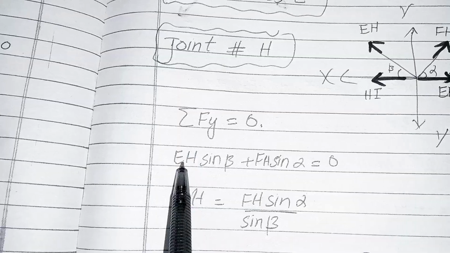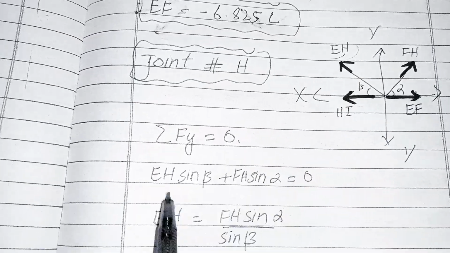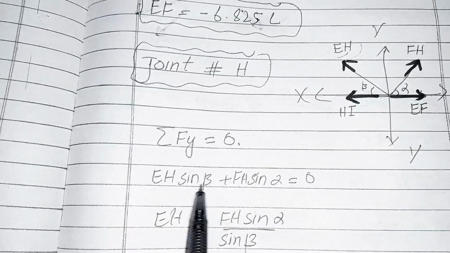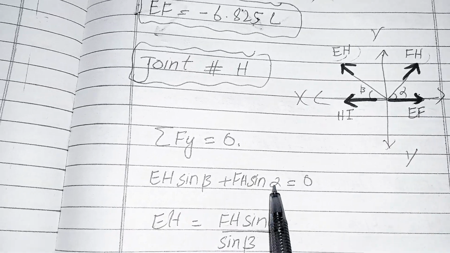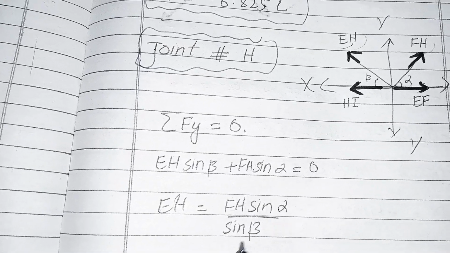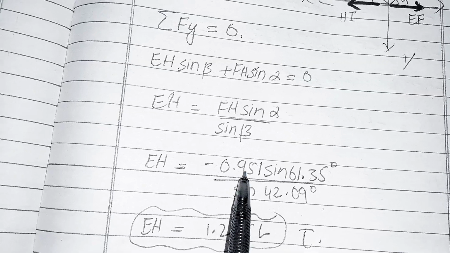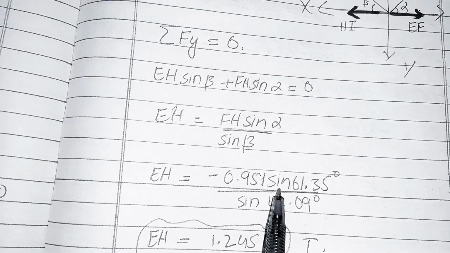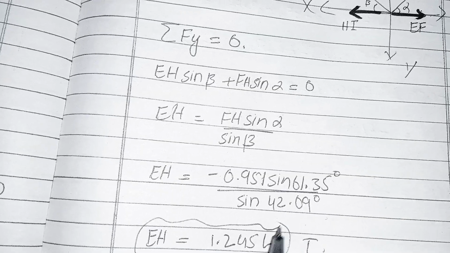This is the vertical component of this force, which is EH sine beta, and the vertical component of this force, which is FH sine alpha, equal to 0. EH will equal FH sine alpha divided by sine beta. So EH equal to 0.95 sine 61.35 divided by sine 42.09.